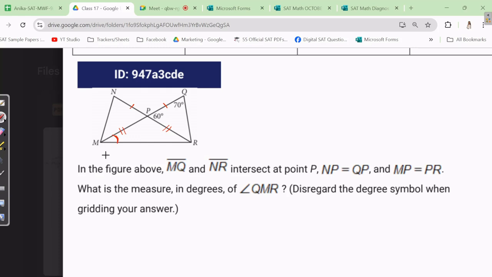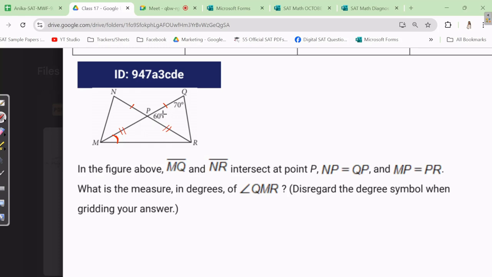So how did you do this one, Anika? You got 60. I'm not exactly sure. Maybe I accidentally did QPR or QRP instead.